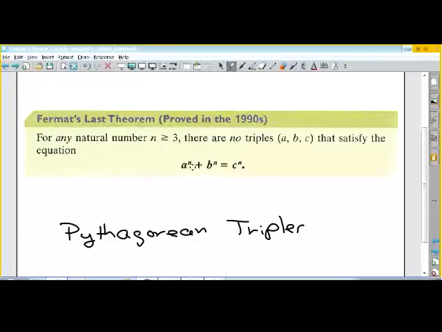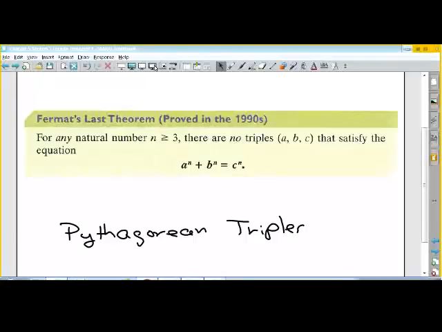For n equals 2, there's a lot of choices for Pythagorean triples. If n is greater than 2, there are no numbers that satisfy that. So any number cubed plus another number cubed can't equal a third number cubed. It only works for squares.